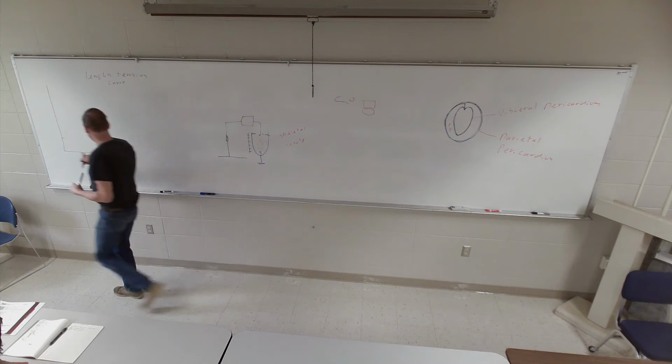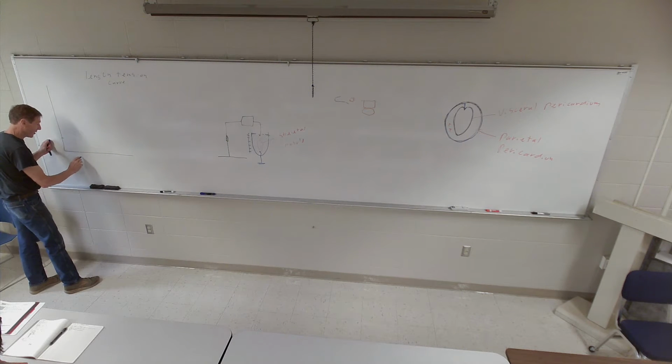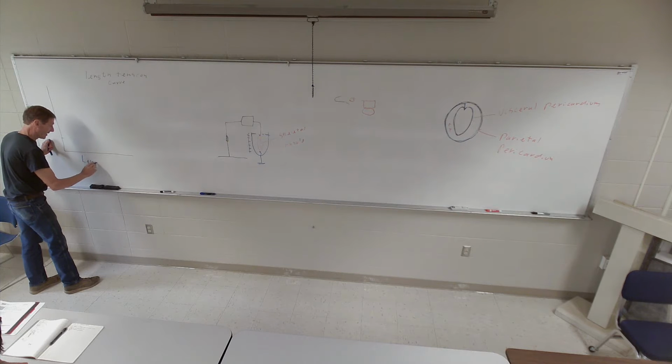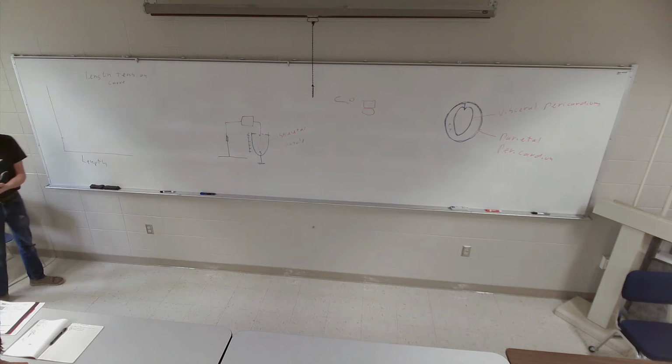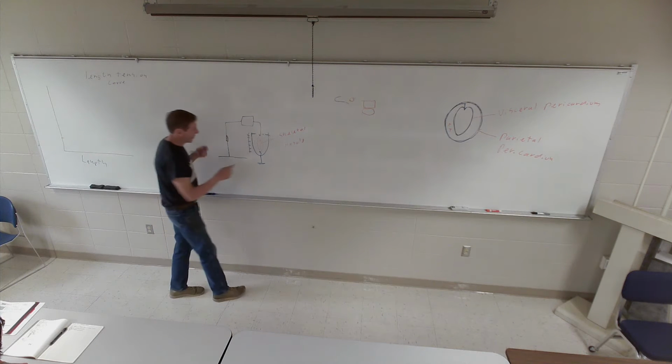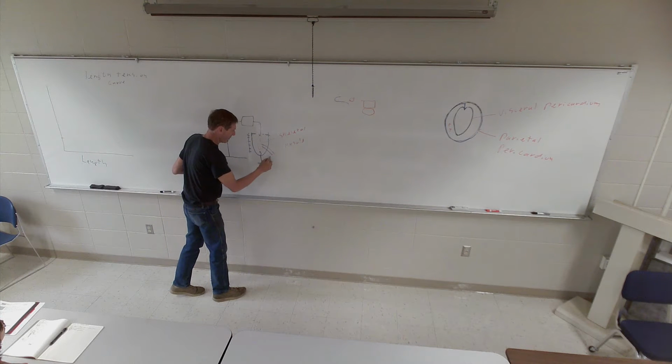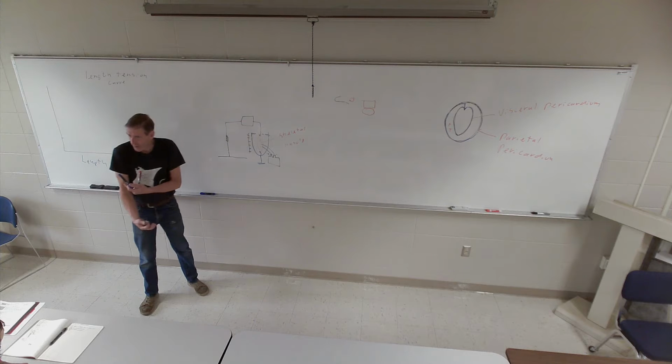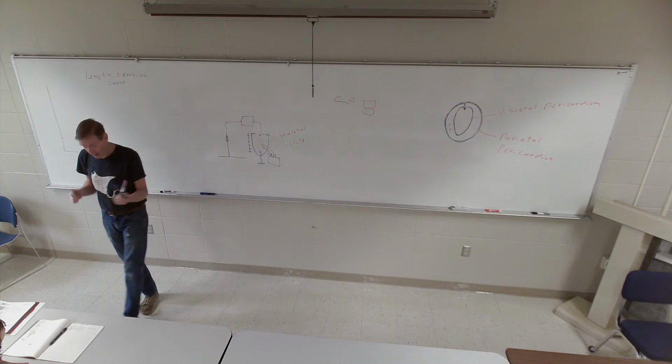On this diagram, the x-axis will be the length of the muscle that you measure with that ruler. Then I'll get a battery and hook a couple of electrodes up to a battery and a switch. Of course, if you electrically stimulate a muscle, it'll contract, right? That's all I'm doing.